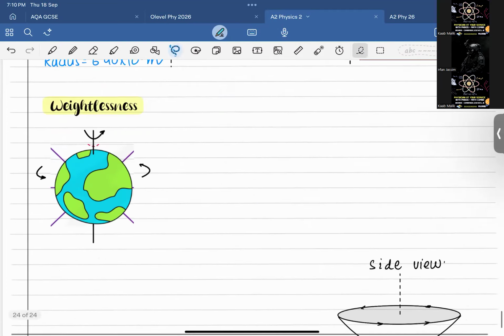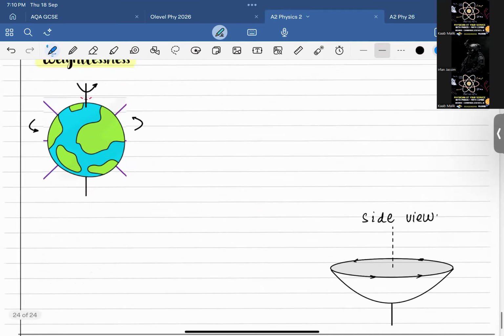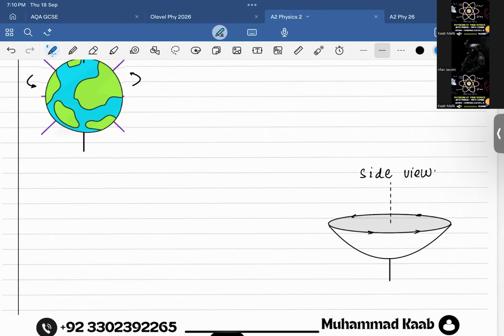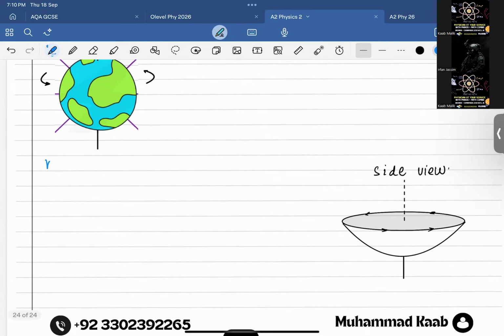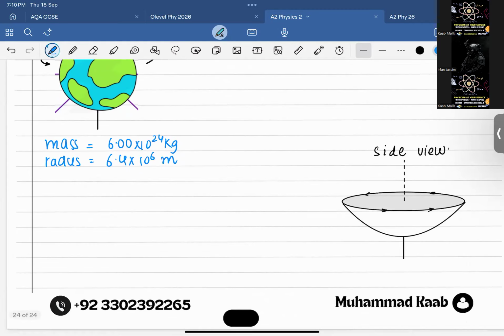We know that the mass of the earth is 6.00 exponent 24 kgs, and its radius is 6.4 exponent 6 meters, and the time the earth requires to complete one of its motions is 1 day, or you can convert 1 day afterwards.